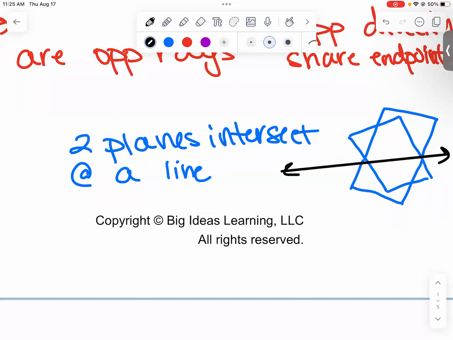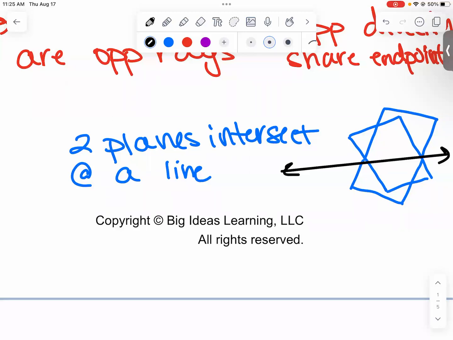This is the intersection of two planes. Notice how we could draw a line there, right? The intersection of two planes is a line. What about both walls? Yes, the two walls intersect in that corner line. Very good. I love it.